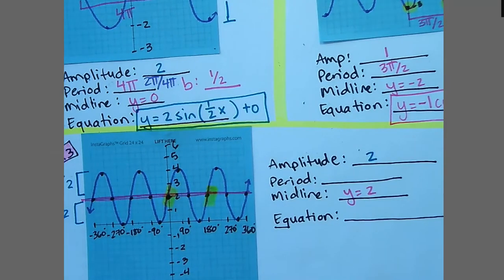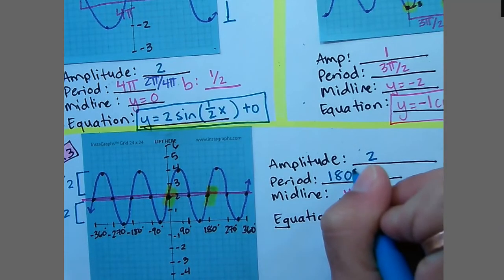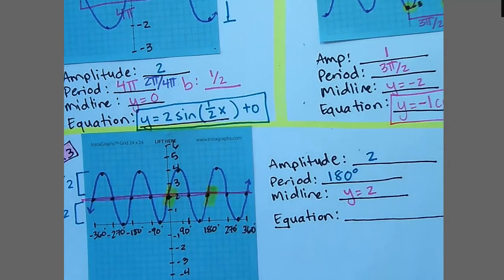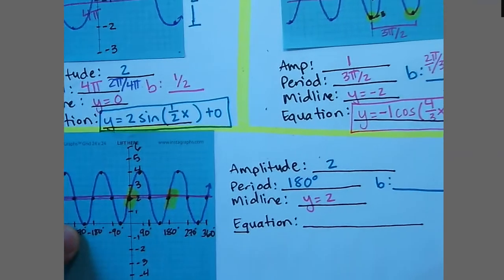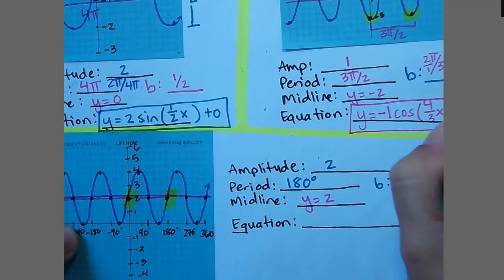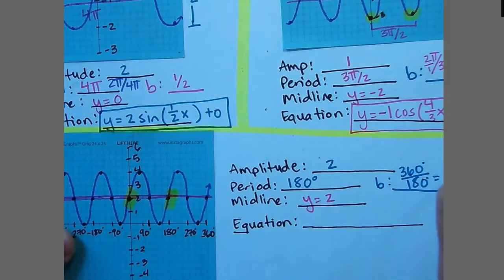So our period is actually 180 degrees. That's how long it takes for one wave. But now, since we're in degrees instead of radians, instead of 2 pi, we're going to use 360 degrees. So for this b value, we're going to do 360 divided by 180, which is 2.